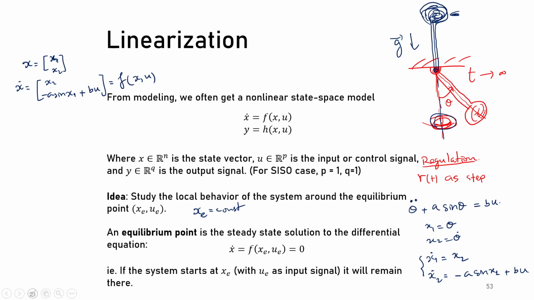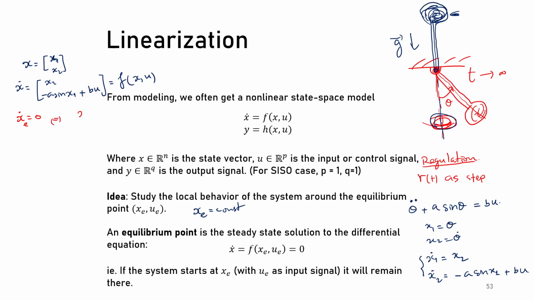So now you want to find equilibrium, because x equilibrium means x constant, then x dot equal to 0. So here I choose x_e dot equal to 0.